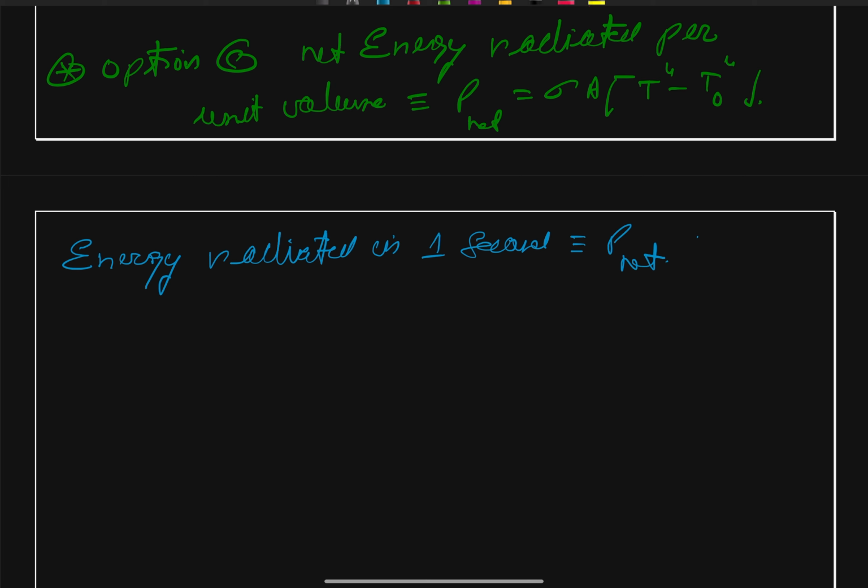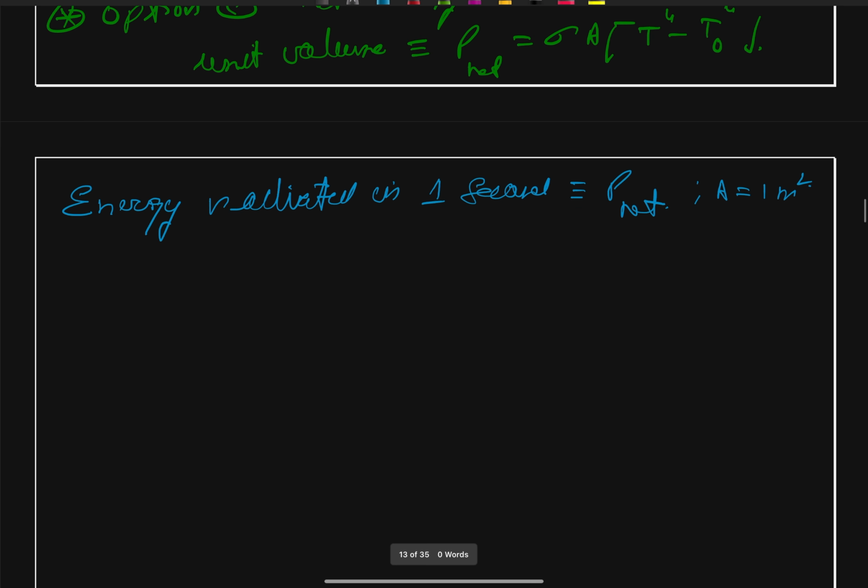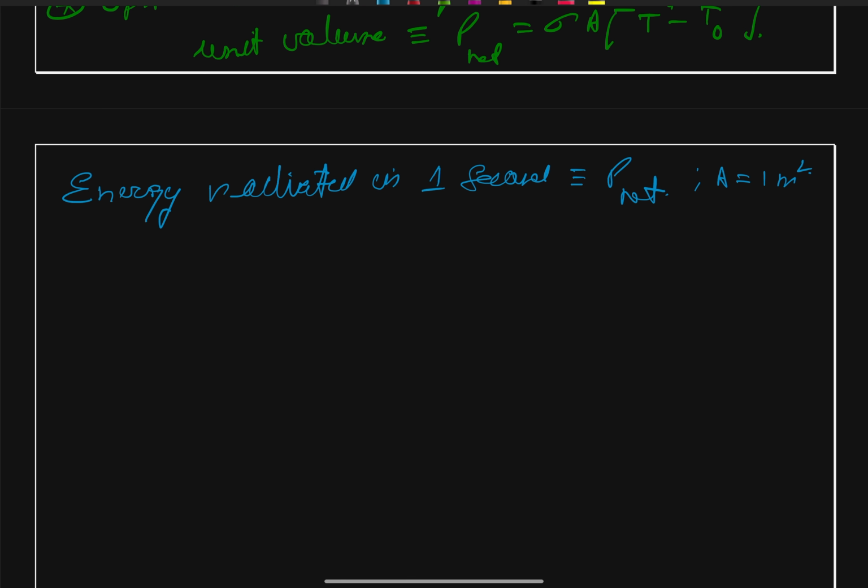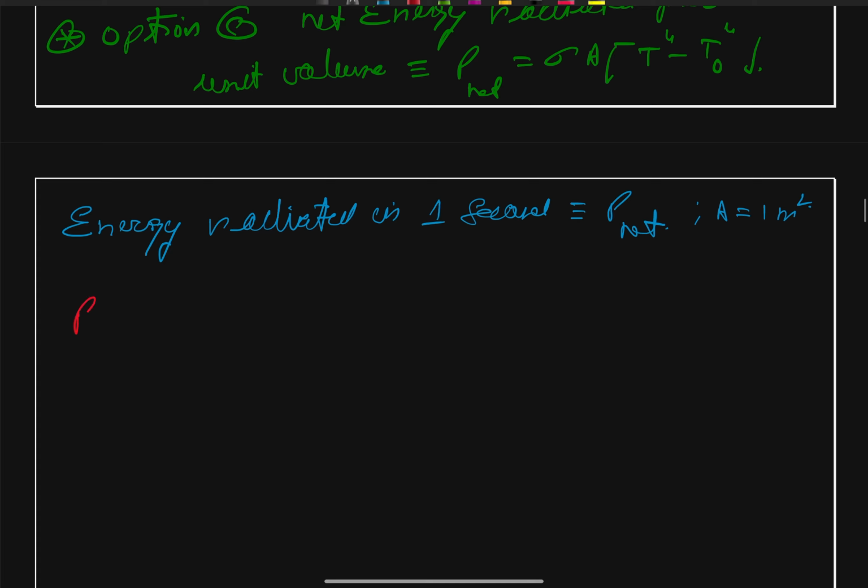And area is given to us as 1 meter square. So we can just write it. We get P net equal to Boltzmann constant, temperature is 310 raised to power 4 minus 300 raised to power 4.